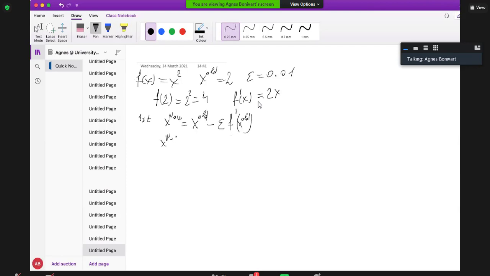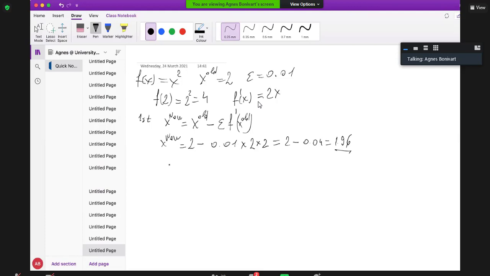That is, old x is 2, minus epsilon, 0.01, times the derivative 2x, so 2 times 2, because x is the old x. So it's 2 minus 0.04, which is 1.96. This is the new x.